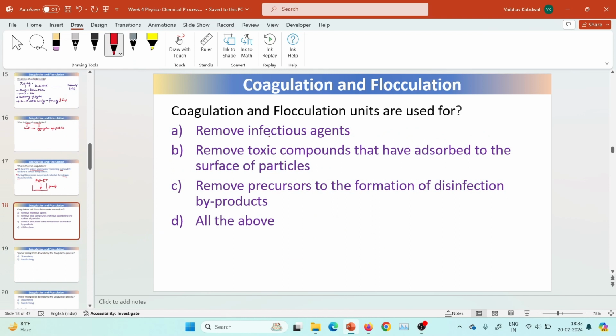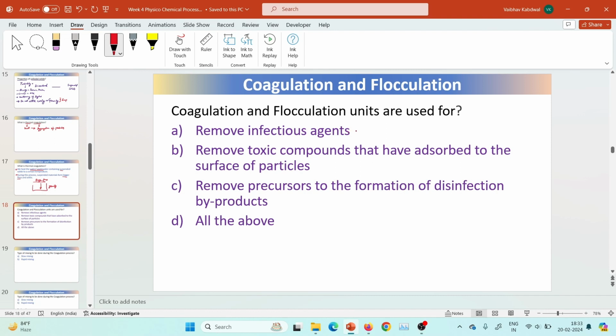Next question. Coagulation and flocculation units are used for. Read the question. Remove infectious agents?